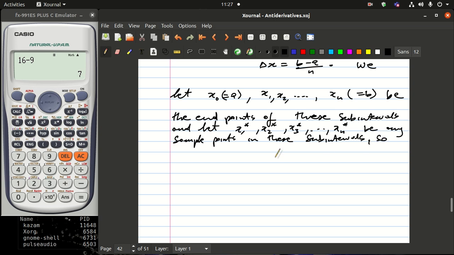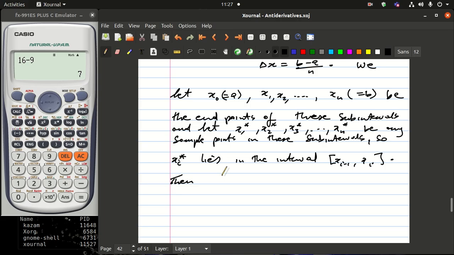So xi star lies in the interval xi minus 1 and xi, so it is in between these 2 points.